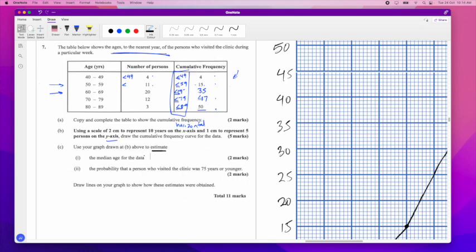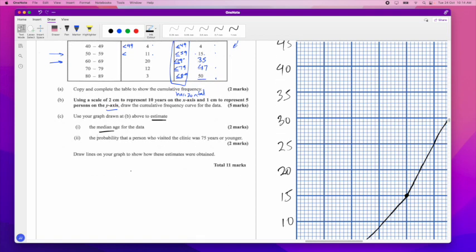So use your graph above to estimate the median age. When we calculate a median for a cumulative frequency, the median being Q2, it is just half of the nth person.